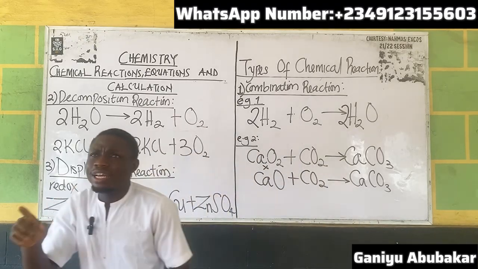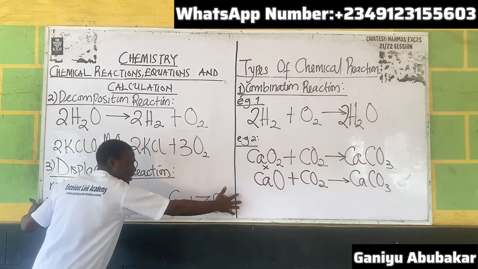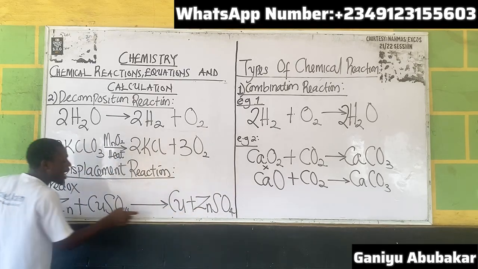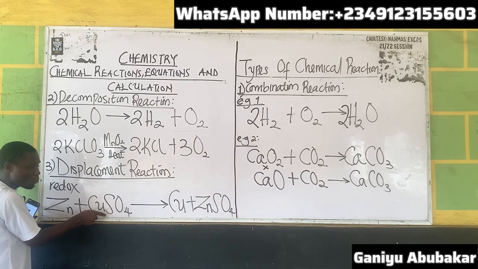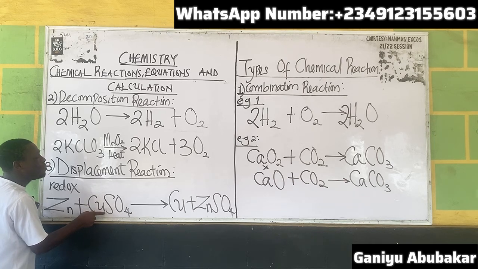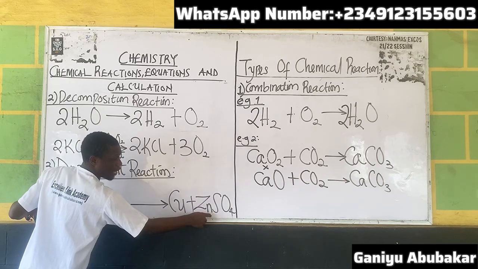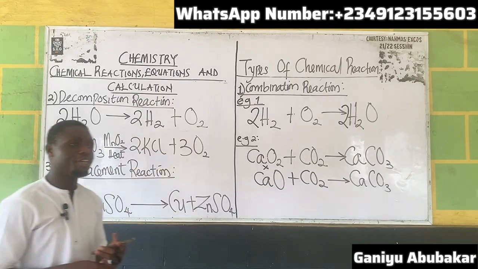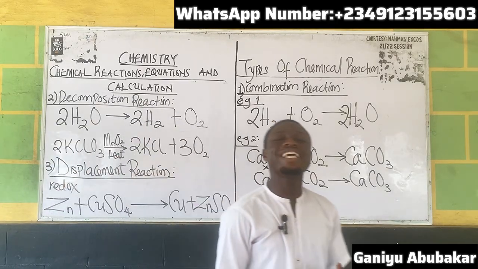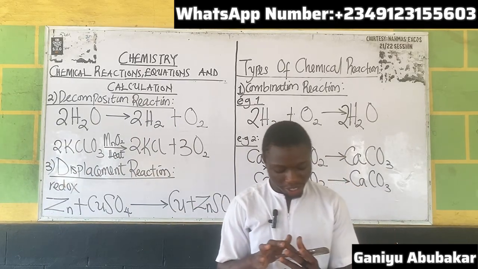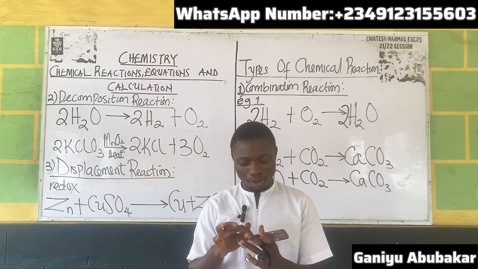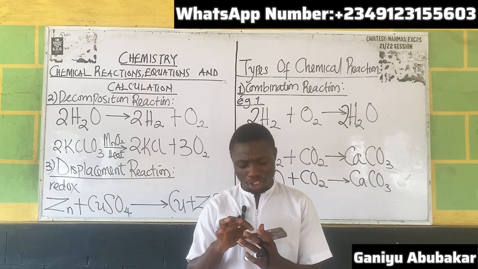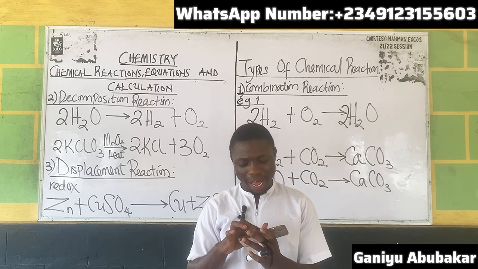Copper was attached to SO4 here, but now zinc displaces copper to bond with SO4. This is an example of a displacement reaction. All right. This is simply the third type of reaction that we have.